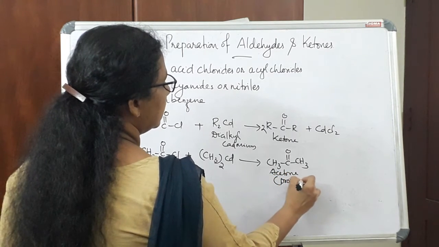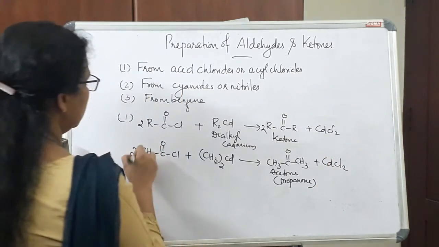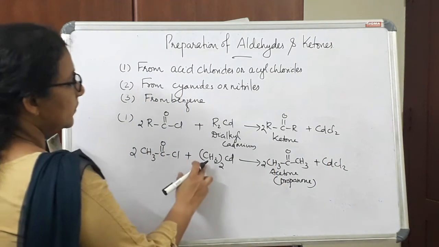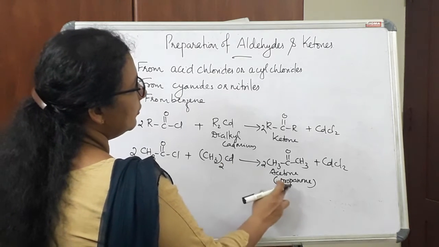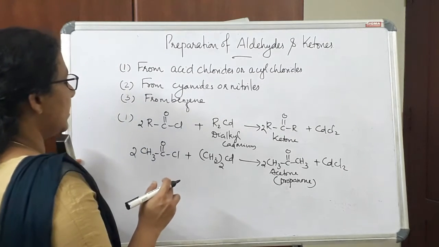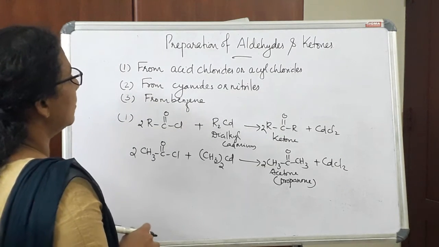Propanone is the IUPAC name. Plus CdCl2. So 2 CH3COCl reacts with (CH3)2Cd gives 2 molecules of propanone and CdCl2. So this is the first reaction for the preparation of ketones from acid chloride.